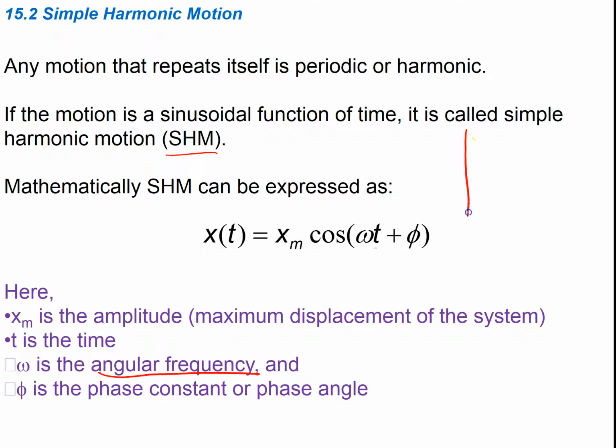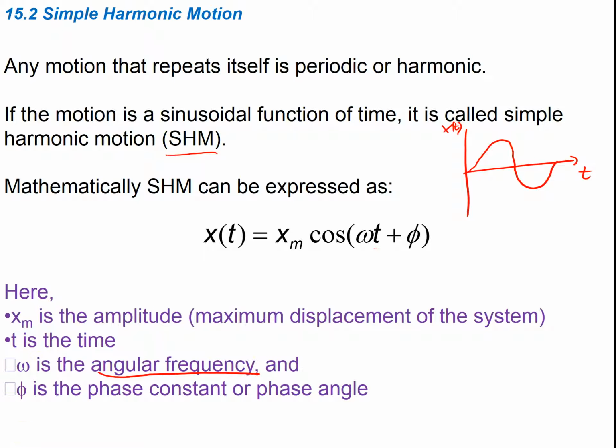So what is all this stuff? If we were to draw a graph, let's say this is our position, x of t, and then this is our time. And let's just say we had a curve like so.